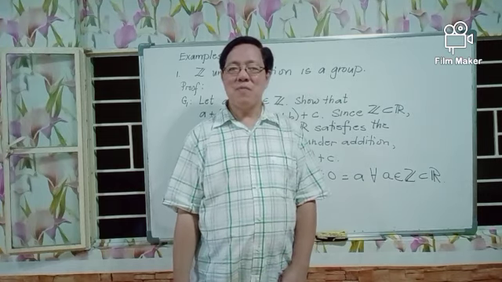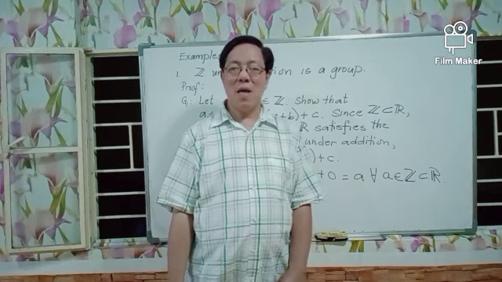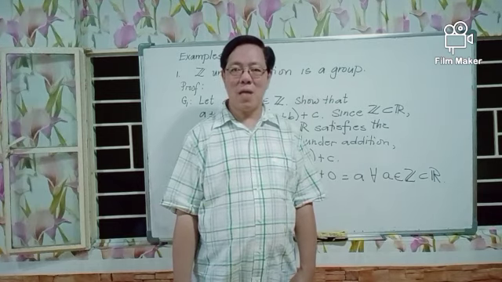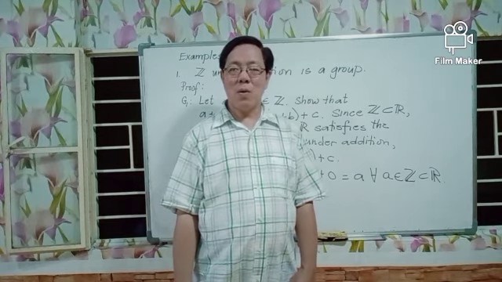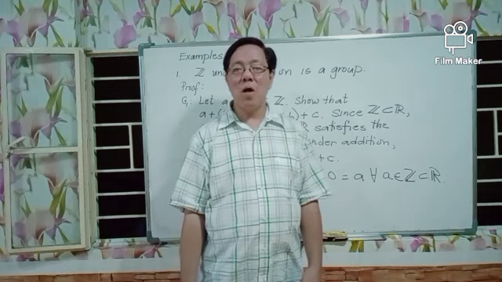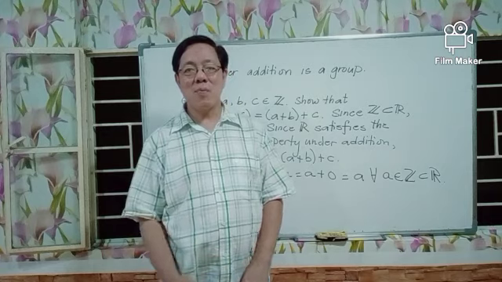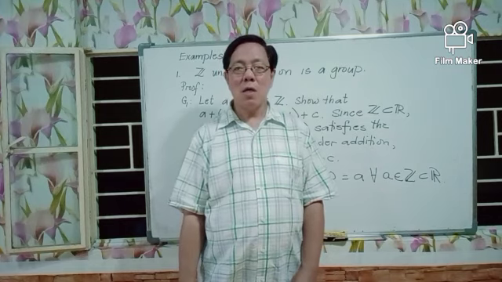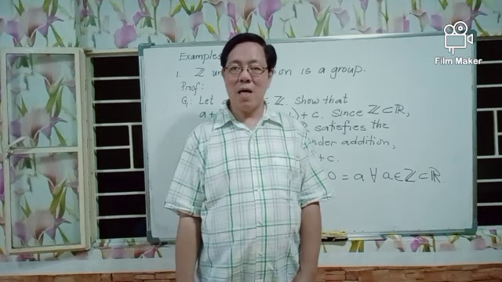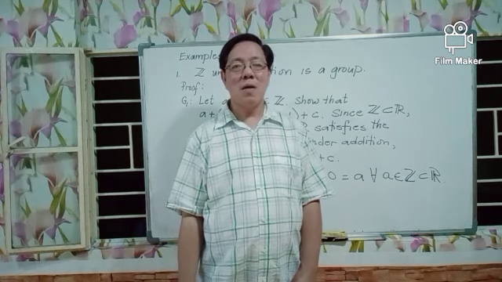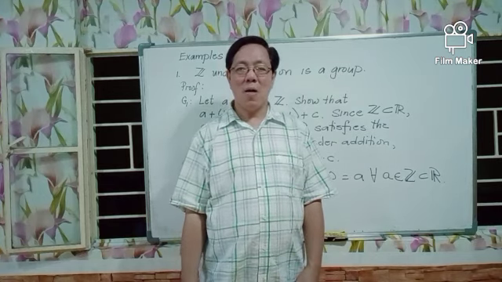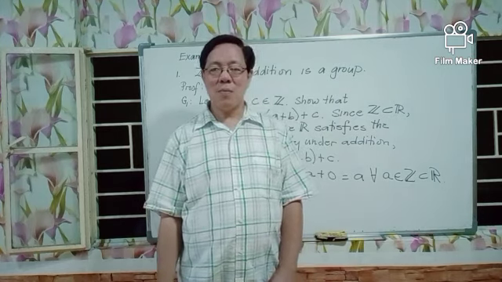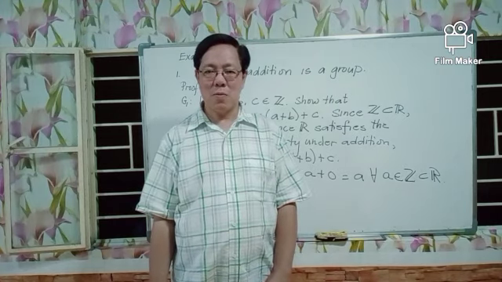That is, for every real number, say A, there exists an additive inverse denoted by minus A. And minus A is also called the negative of A, or the additive inverse of A. And furthermore, if you combine A and its negative minus A by addition, that is A plus quantity minus A, the sum is equal to the additive identity or the identity element for addition, which is 0.